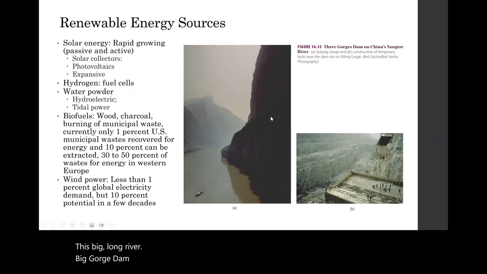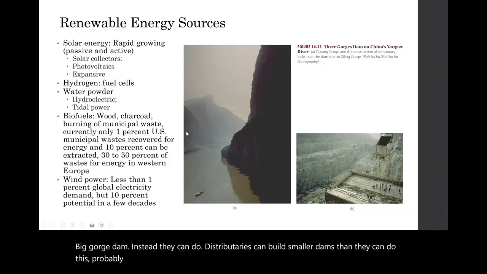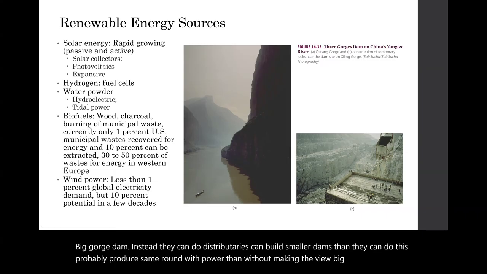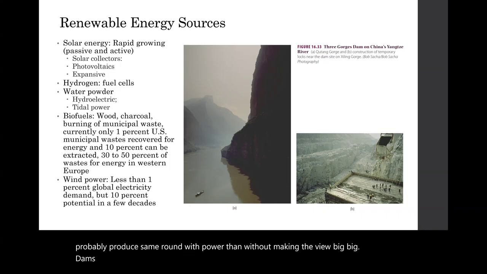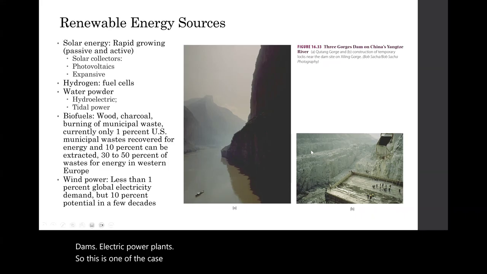Instead, they could have built smaller dams on the tributaries, and probably produced the same amount of power without the big dam and electric power plants. So this is one of the case studies. You can see that big dams are especially controversial.